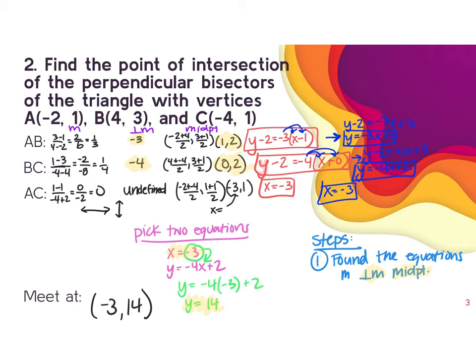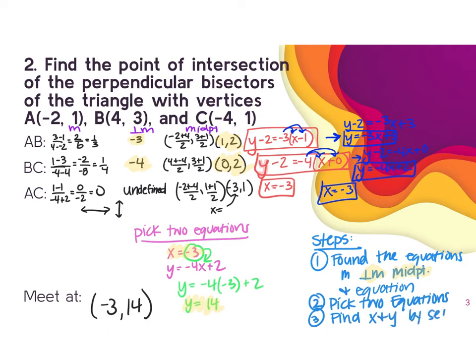Once we got the equation, the second step was to pick 2 equations. The third step is to find x and y by setting the equations equal to each other.